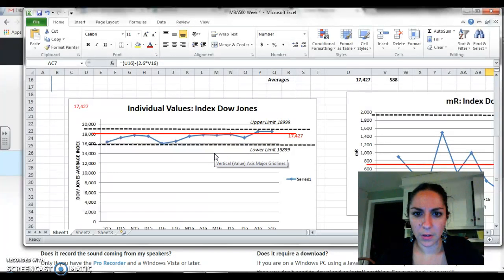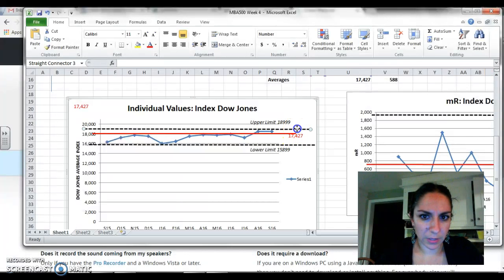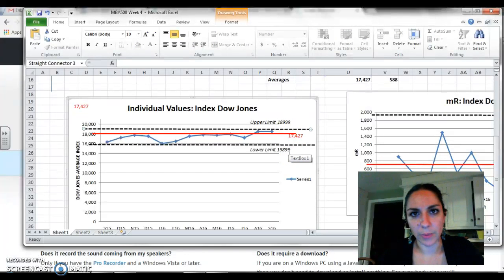Then I put this red line to represent the average, so that's my central line. This is my upper limit right here, and this is my lower limit. Again, these are approximations because I don't have super accurate ways to do this. Looking at this approach, this blue line represents the actual value. It's in between our upper and lower limit, so I would say this is just noise. I don't see any signal coming out of here.